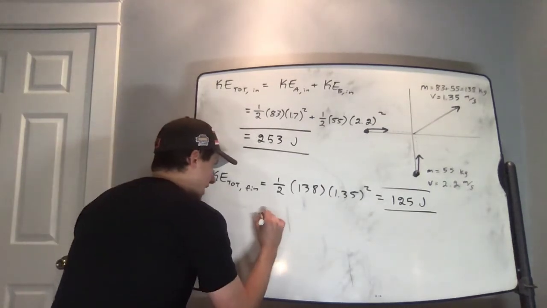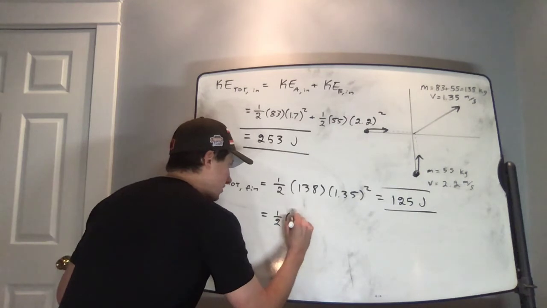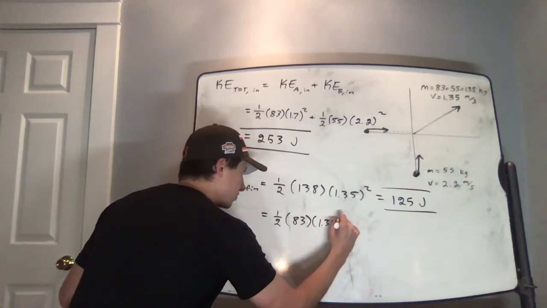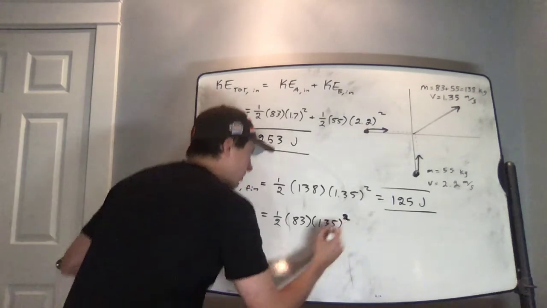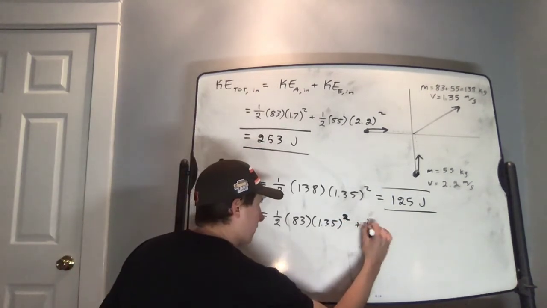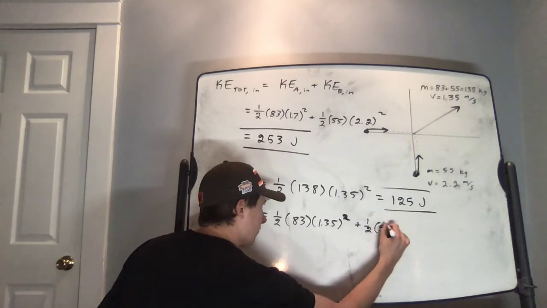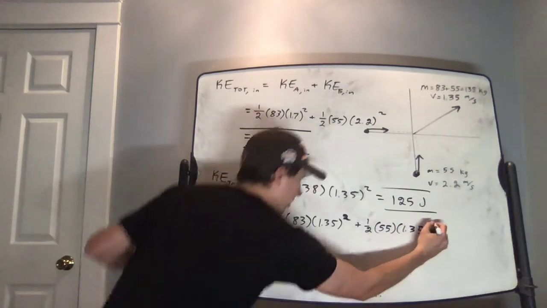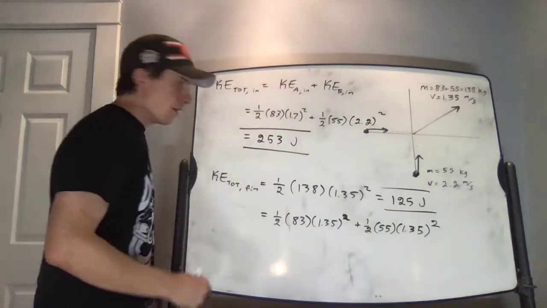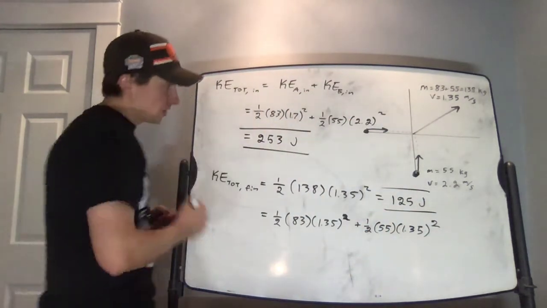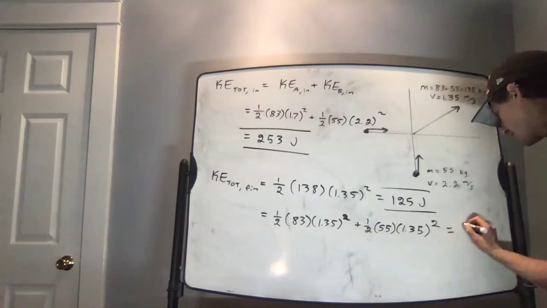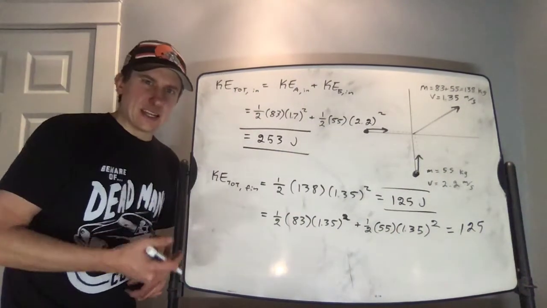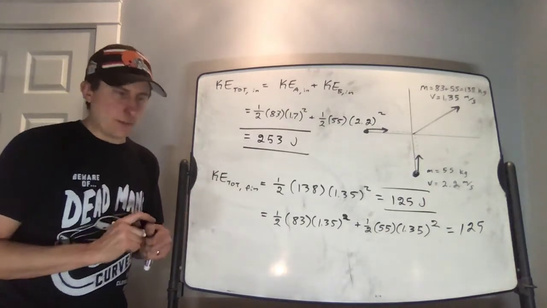So I would write that as 1/2 times 83 times 1.35 squared for Alfred, plus 1/2 times 55 times 1.35 for Barbara's final speed squared. But if I put those numbers in a calculator, I still find the same 125. So we don't really get any different result at the end of the day.